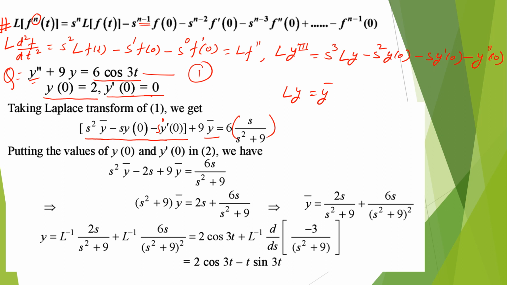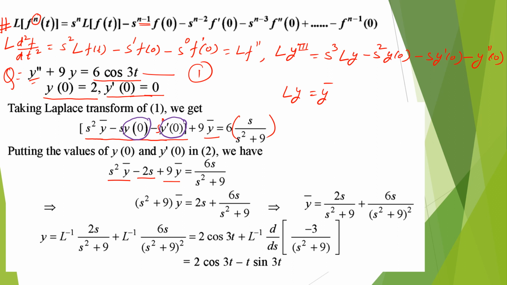Now substituting the values for these conditions, we get s square y bar minus 2s plus 9y bar is equal to 6s upon s square plus 9.